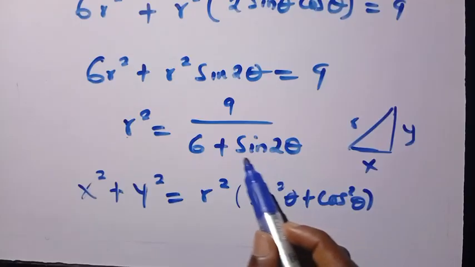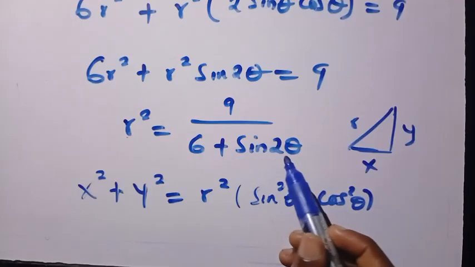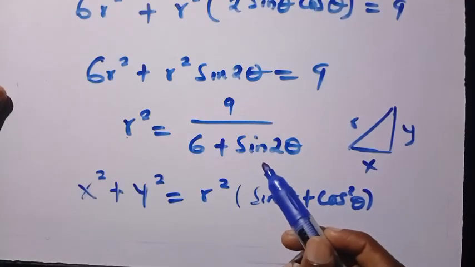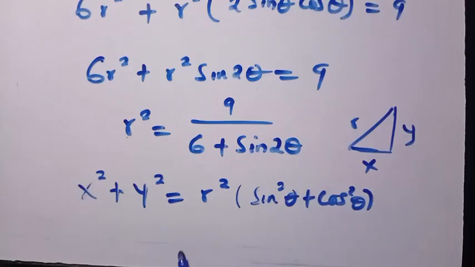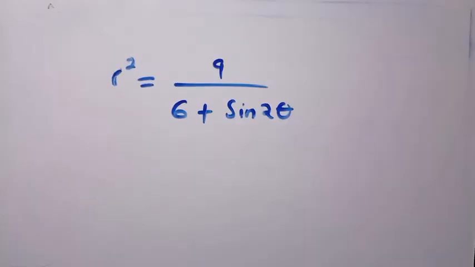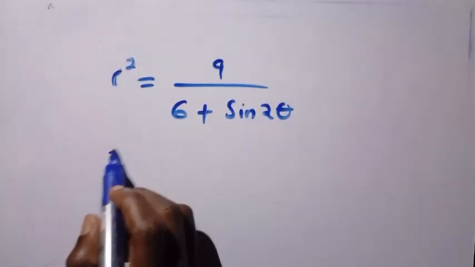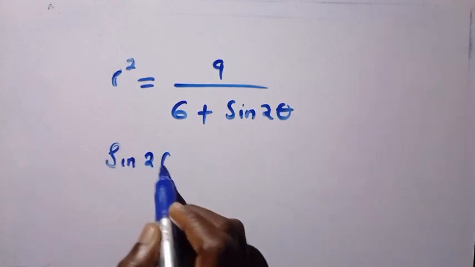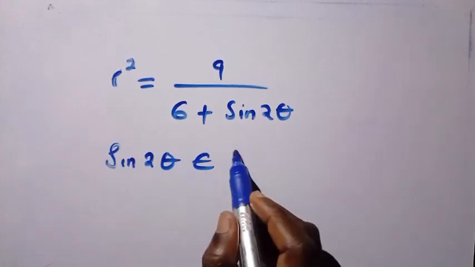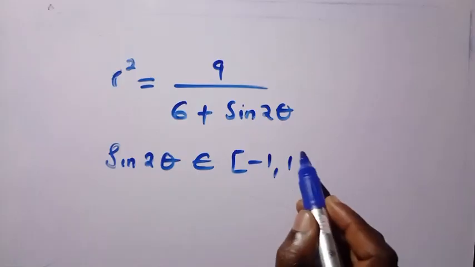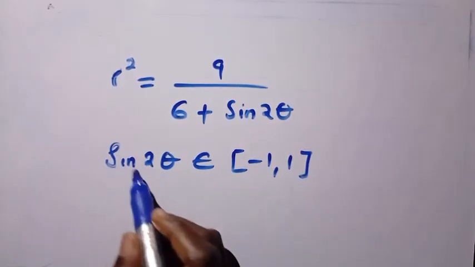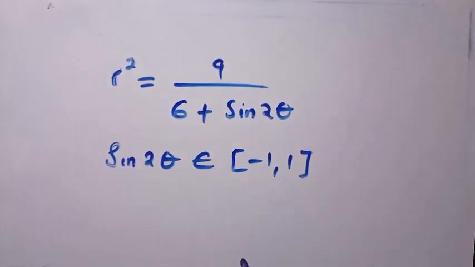And we need to know the range of sine 2 theta. The range of sine 2 theta is a member of [-1, 1]. So this is the range of everything we plug into sine 2 theta.